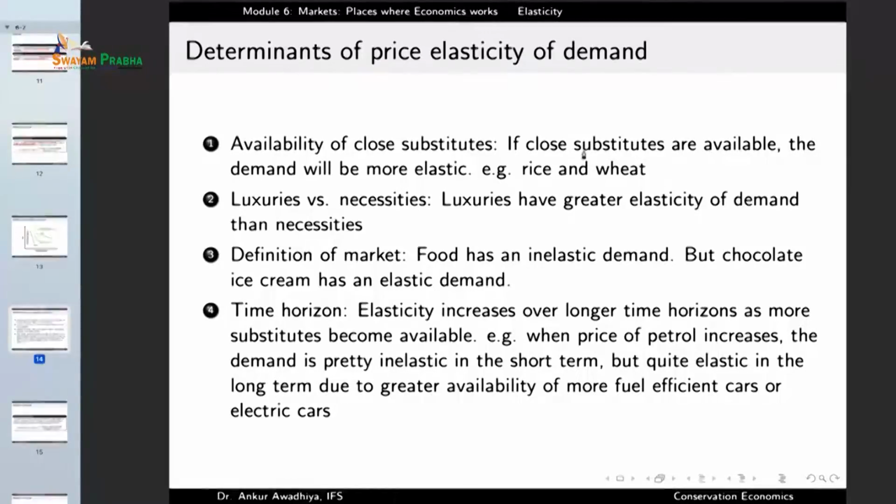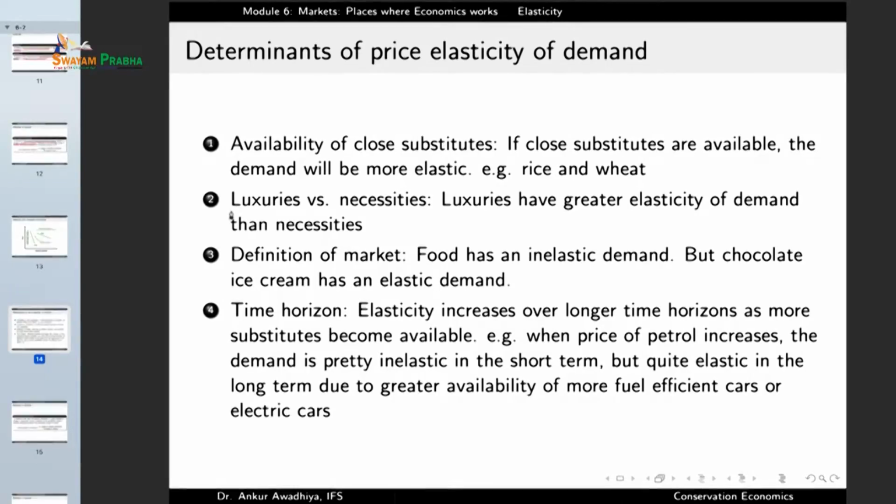Another example is different flavors of ice creams. They are close substitutes, so if the price of one flavor increases, you will shift to another flavor. Or the option of having different flavors of cold drinks. All of these are close substitutes, and so the demand becomes more elastic because you have the option of shifting to the substitute if the price increases or decreases.